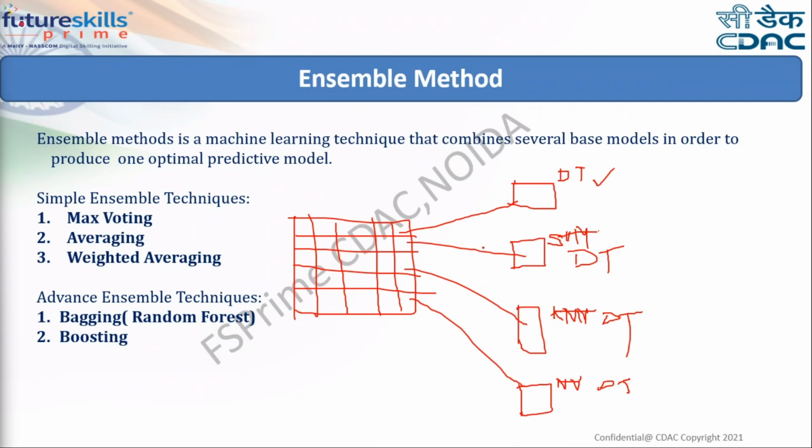So for the randomization, I can randomly select data from my main data set and give that data set to my first algorithm. Suppose here I have rows 1, 2, 3, 4, 5, and let's suppose 1, 3, and 4 were selected for my decision tree.